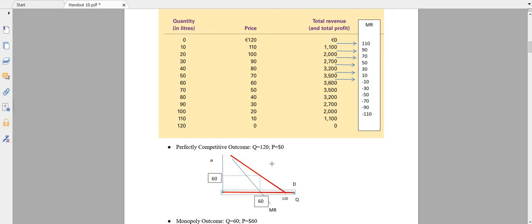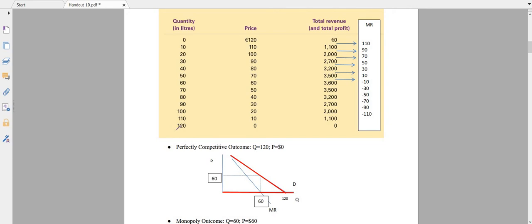The market production can be identified where the market demand curve, this downward sloping curve, cuts the market supply curve, which can be proxied by the MC curve. You can see that this point of intersection occurs where Q is 120 and price is equal to 0. Hence, the perfectly competitive outcome is going to be this.